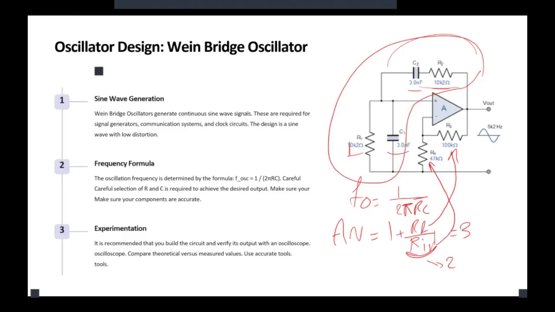Now, you usually start with a gain a bit higher than 3, so it helps to start the oscillating. Then a stabilizing mechanism kicks in and brings the gain back down to exactly 3.